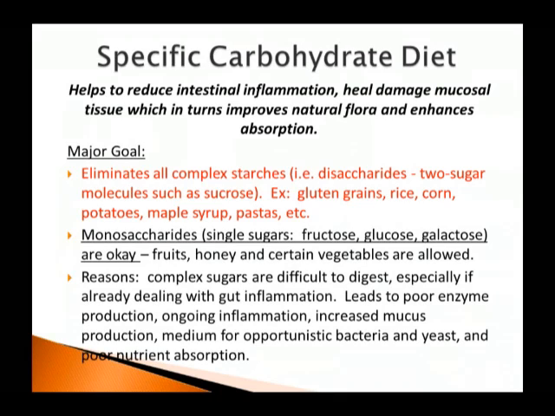So eliminating those over time helps to reestablish some normalcy in gut function, reducing inflammation. And this has been a godsend for many individuals, not only kids on the spectrum, but adults with inflammatory bowel disease.